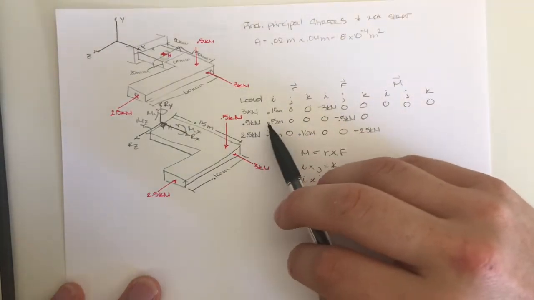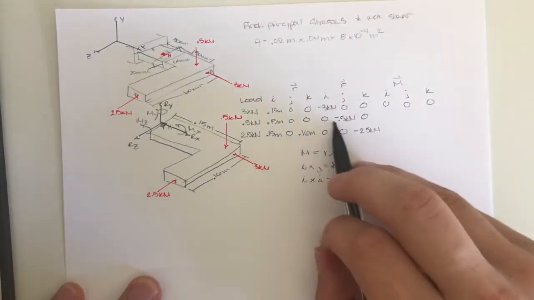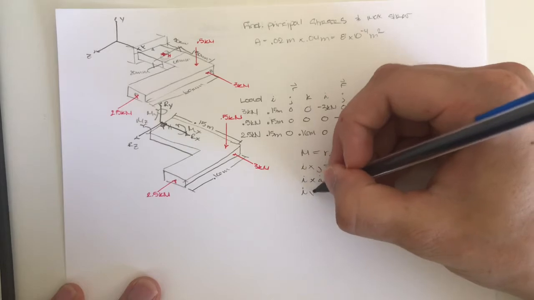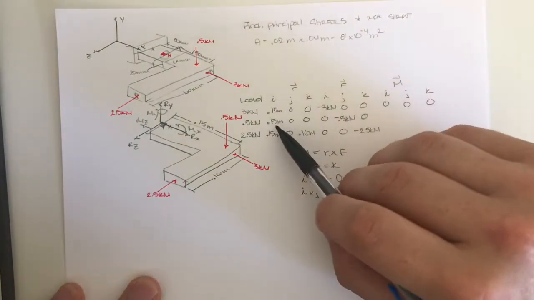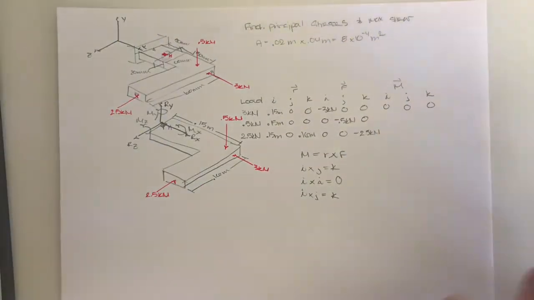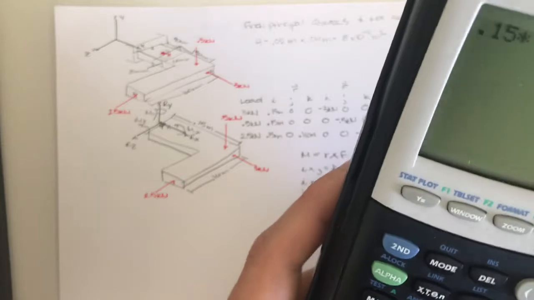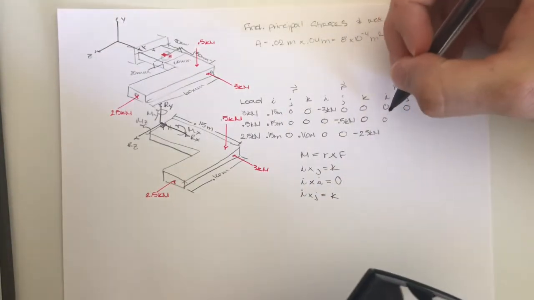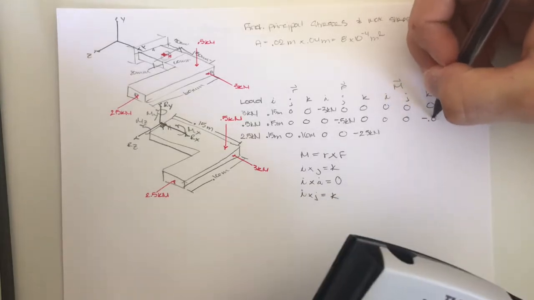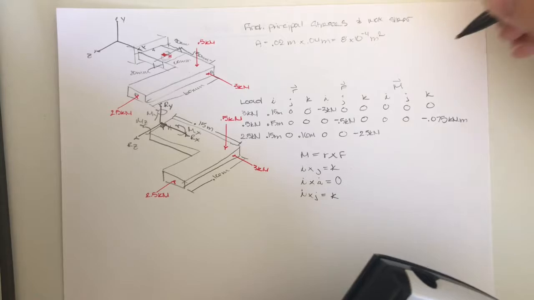For the 0.5 kilonewton load, we have an i and a j, so i cross j equals k. That's 0.15 times negative 0.5, which is a negative 0.075 in the k direction, kilonewton meters.